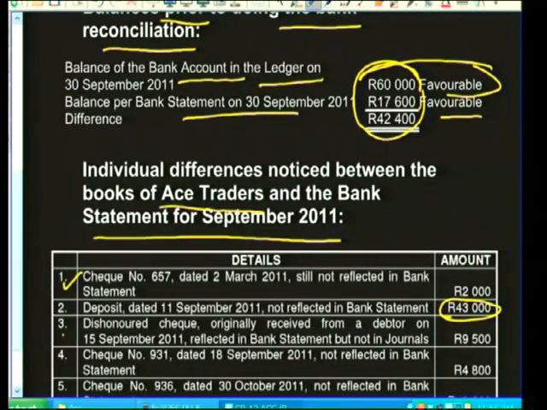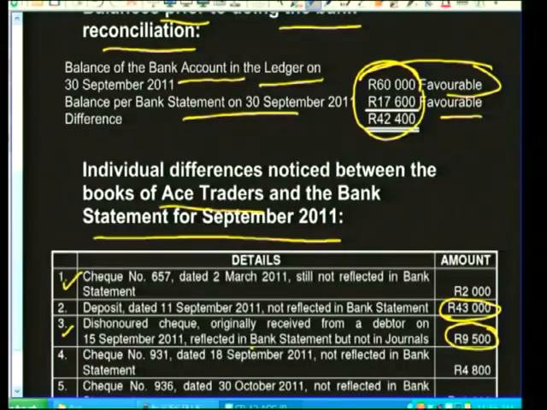Okay. Next one. A dishonored check originally received from a debtor on the 15th of September 2011. It's reflected in the bank statement but not in the journals. 9,500. Okay, again ask yourself the question. Where is it appearing?